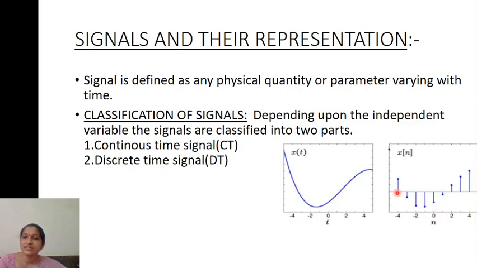For each specific n point, you are getting a value. But this is not continuous. You can observe in this graph that there are breaks. These are nothing but discrete time. So these are called discrete time signals.